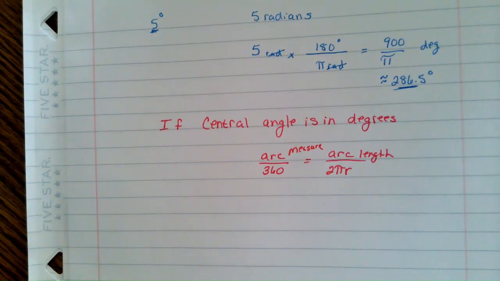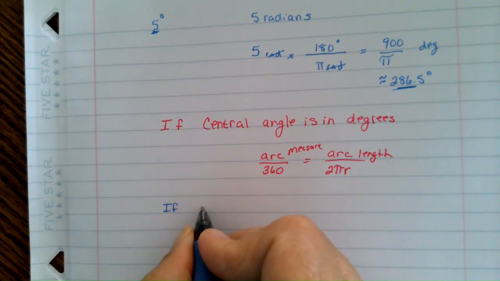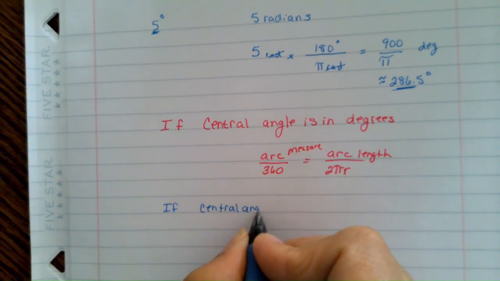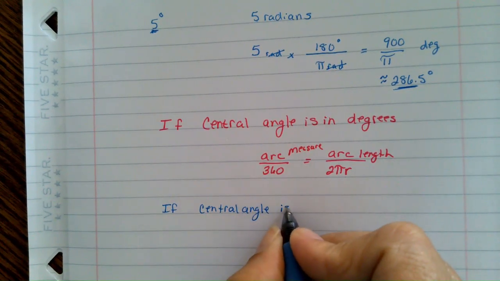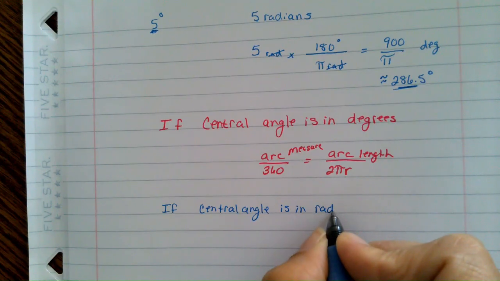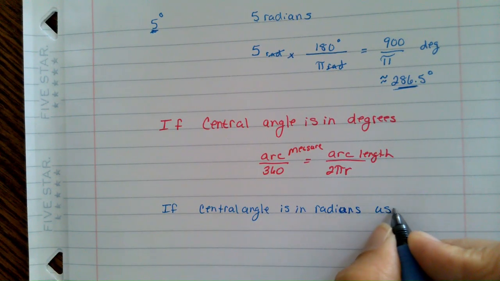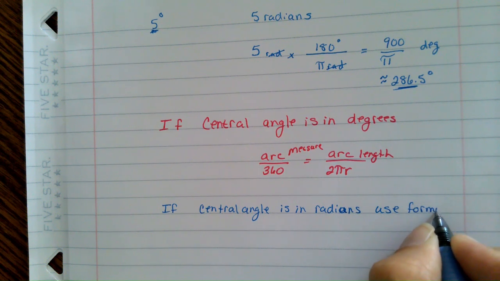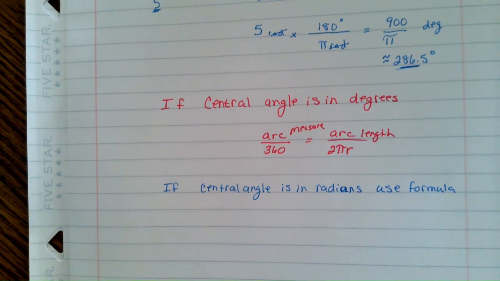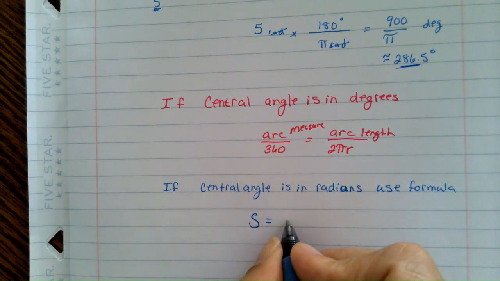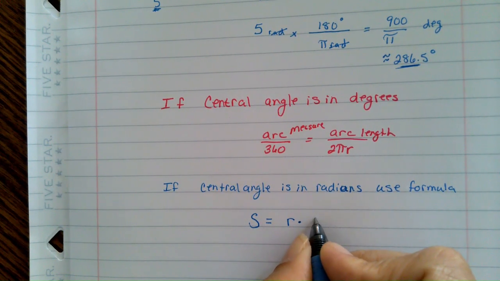Okay? If your central angle is in radians, here I would use the formula. Okay? Again, the formula is your arc length equals radius times radians.